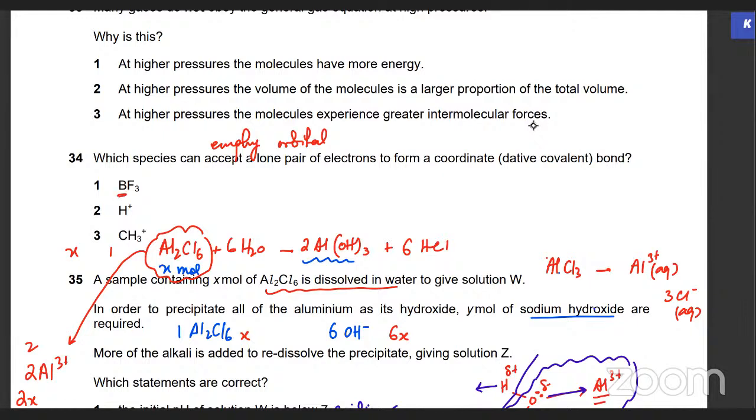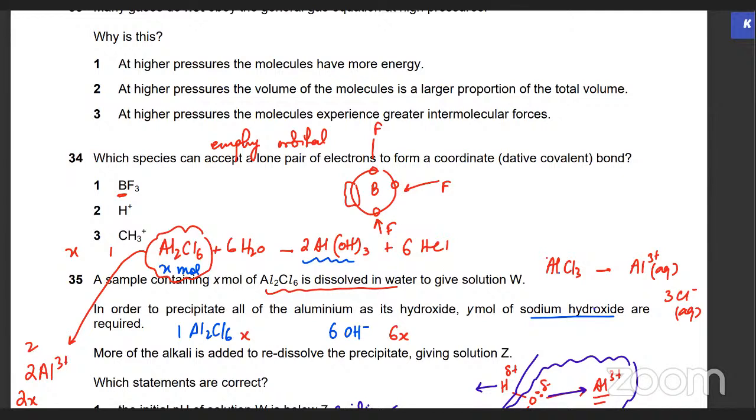Boron is in group 3, so boron has 3 electrons in its outer shell. It's bonded to 3 fluorines, getting an electron from each fluorine. Its second shell is still not complete. It still needs 2 electrons, so it's going to attract lone pairs.